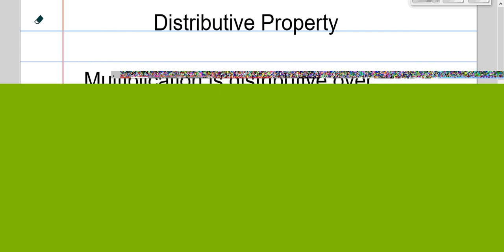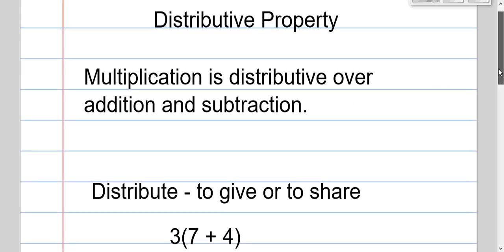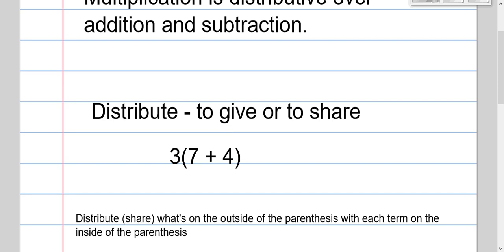The distributive property. Multiplication is distributive over addition and subtraction, meaning it can be shared across addition and subtraction. Distribute means to share what's on the outside of parentheses with each term on the inside. So we're going to take this, because this is multiplication, 3 on the outside of the parentheses means I'm going to multiply 3 times all the terms inside the parentheses.